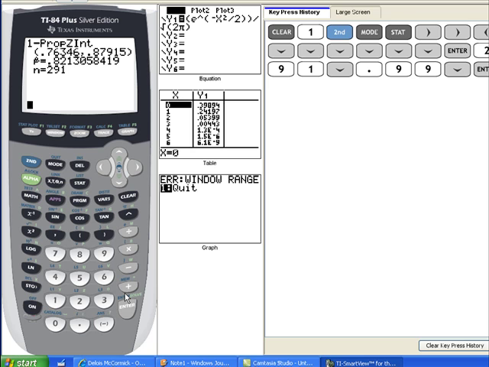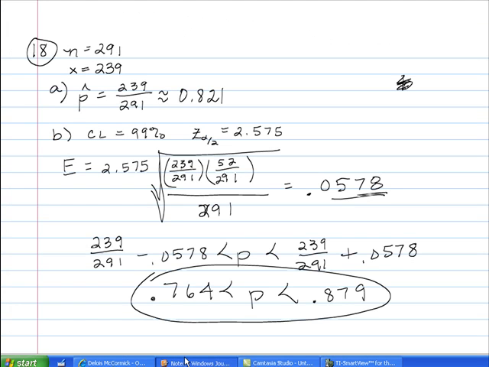We're going to find a 95% confidence interval estimate of the percent of yellow peas. Okay, and that's in part A.